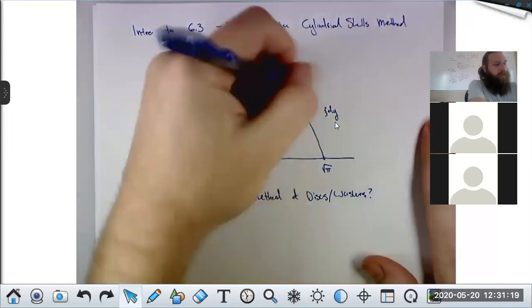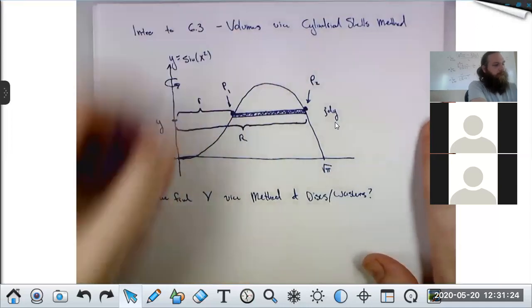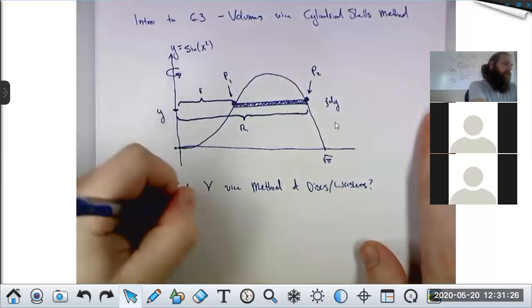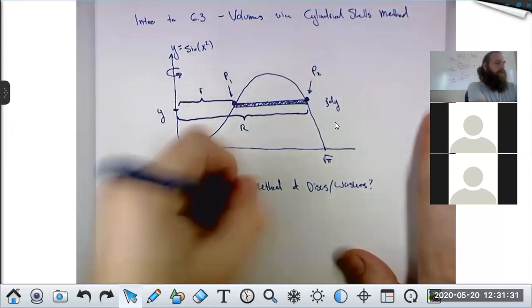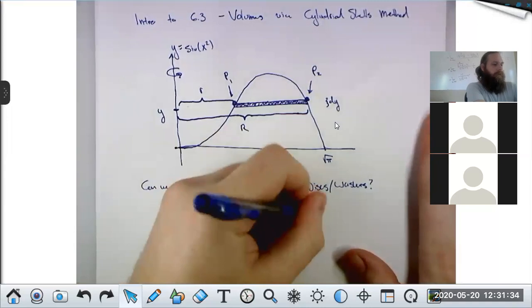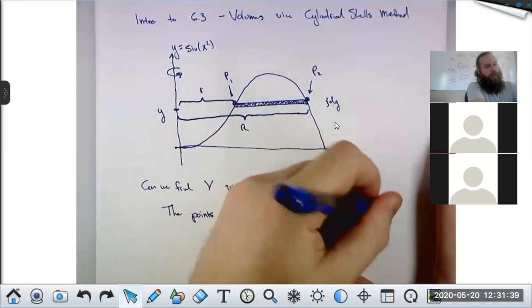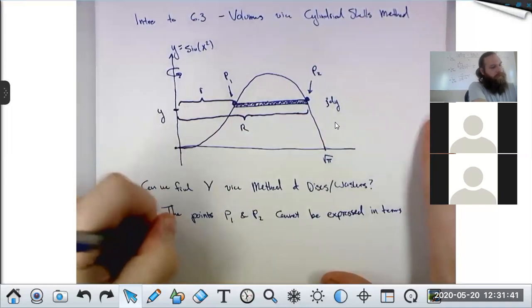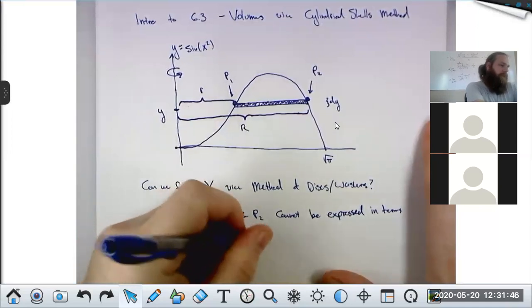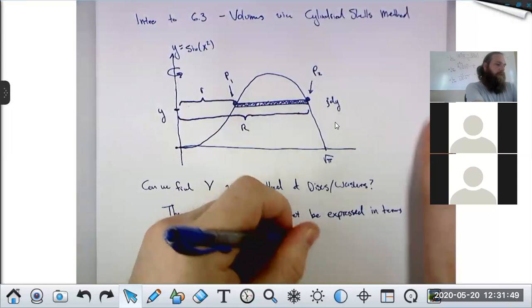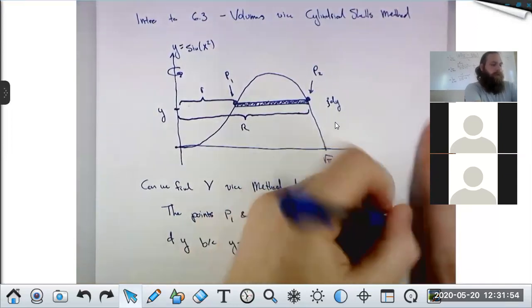So the points, I call them P2 and P1, cannot be expressed in terms of y, because y equals the sine of x squared is not a one-to-one function.